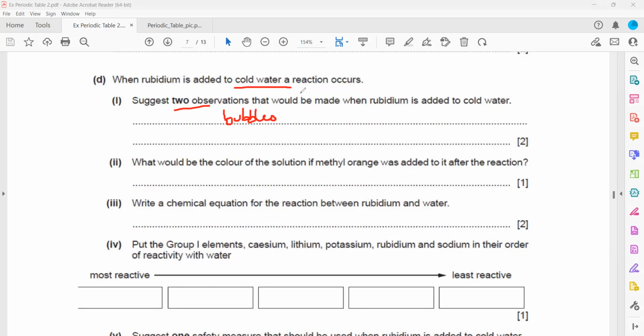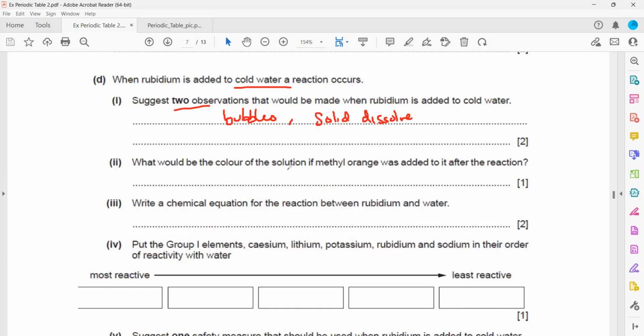Or these reactions are normally exothermic reactions. And even they give you the hint in the question, they use the term cold water. So what will happen? The water will become hot, or the temperature of the water will increase. So bubbles will be there, the solid will dissolve, and the water will become warm or the temperature rises.